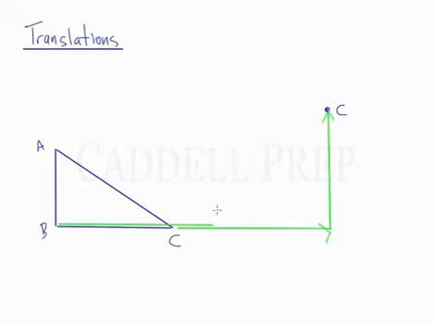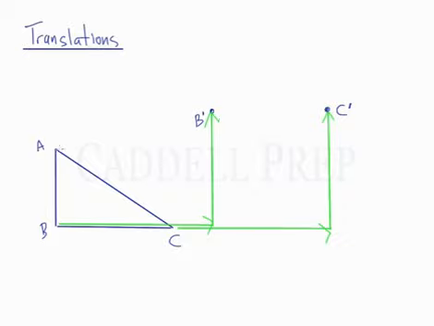here and then up the same distance. So B ends up right here. Of course, this is the image, that's C prime and B prime. So again, we shifted it to the right and then up.